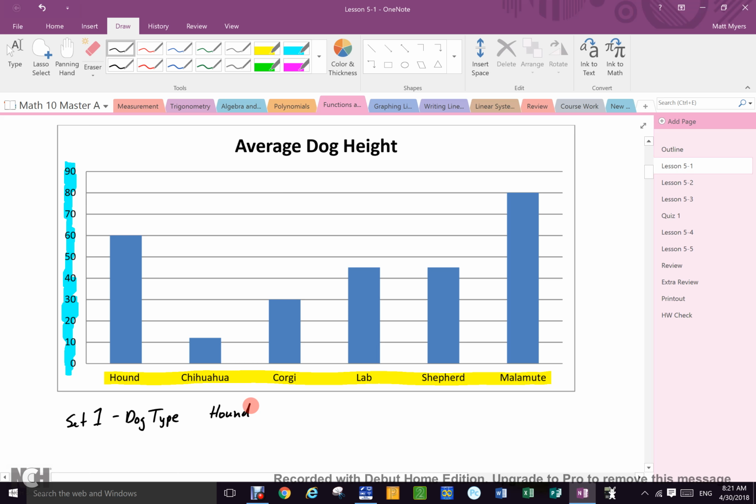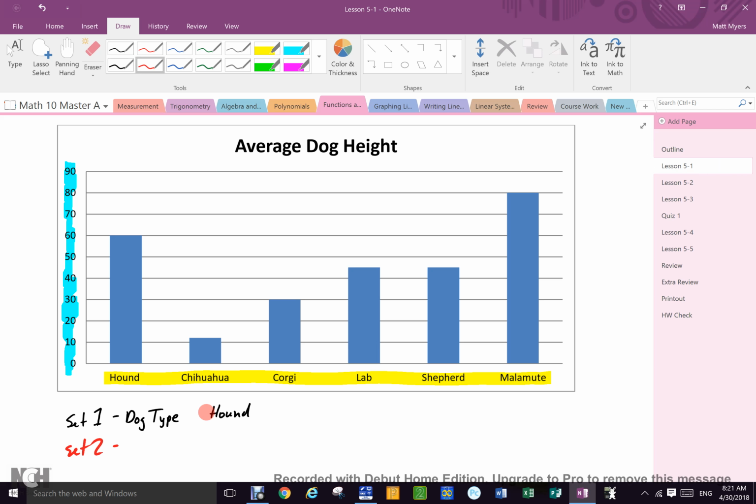Is it a relation yet? No, why not? Because I only got one thing. I've only got one element. It's not compared to anything. What is set 2? No. The set is dog type. The element is hound. What is the other set? Heights.